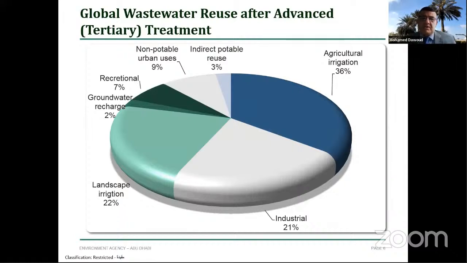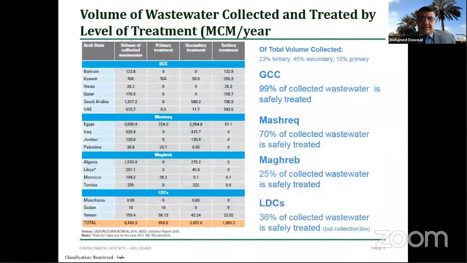So most of the region started to look at using the treated wastewater, which is a little bit cheaper, it's available, and it increases with time. At present, the region is producing about 8 billion cubic meter, and recently the statistics indicated we are producing about 12 billion cubic meter of treated wastewater.